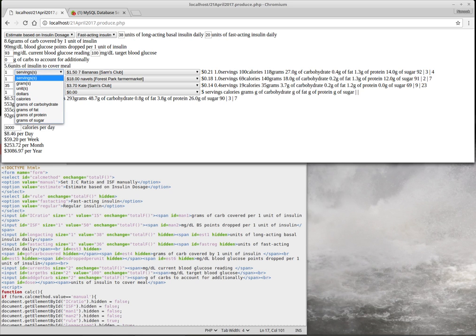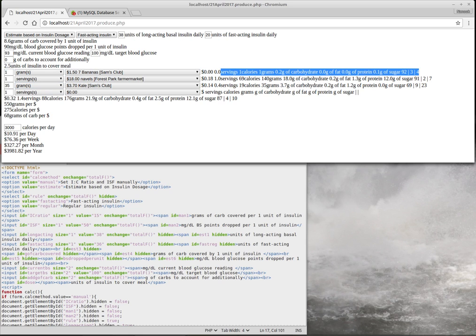But if you want to weigh, you can do in grams. If you have a scale, whatever you have, you can put on a scale, and then it'll give you the readout of the information you're looking for.